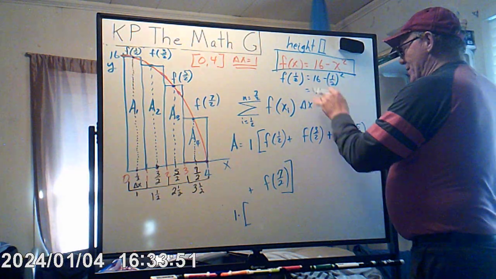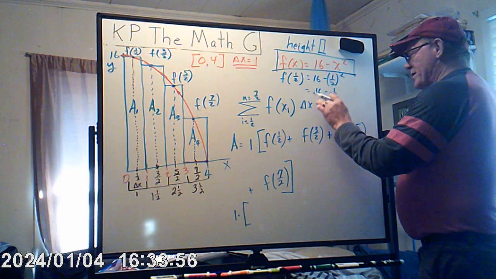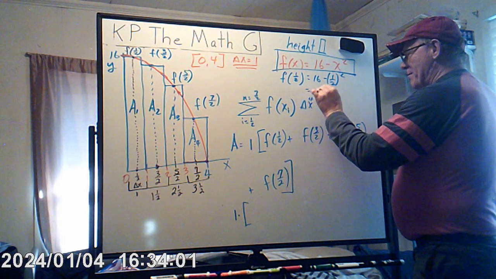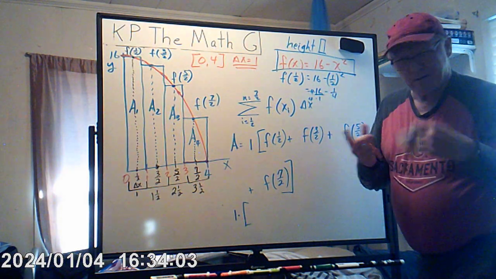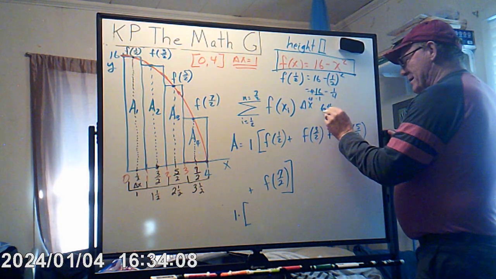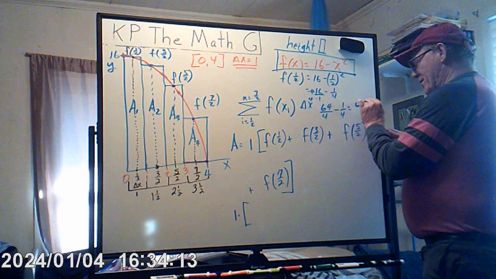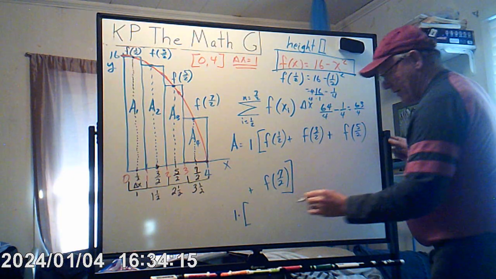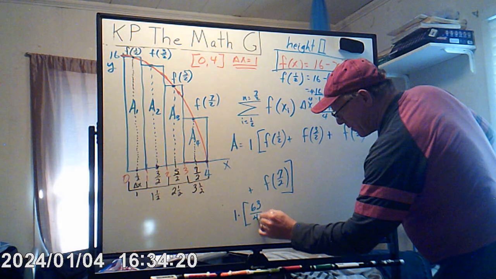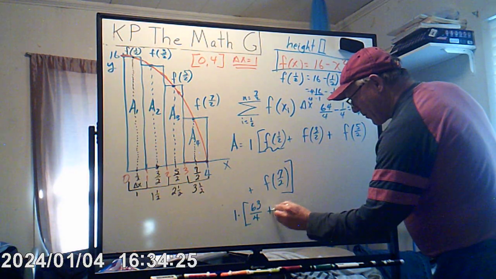I want a common denominator, so I multiply up and down by 4. 4 times 16 is 64 over 4 minus 1/4, and that's 63 over 4. I'm just going to leave it in improper form right now. So f at 1/2 is 63 over 4.